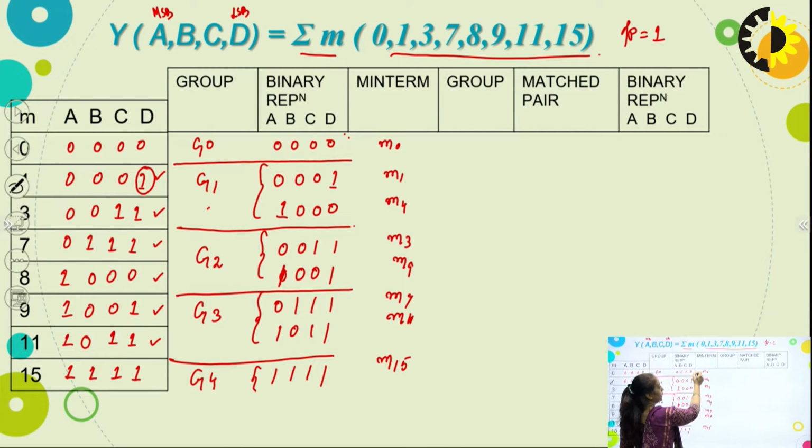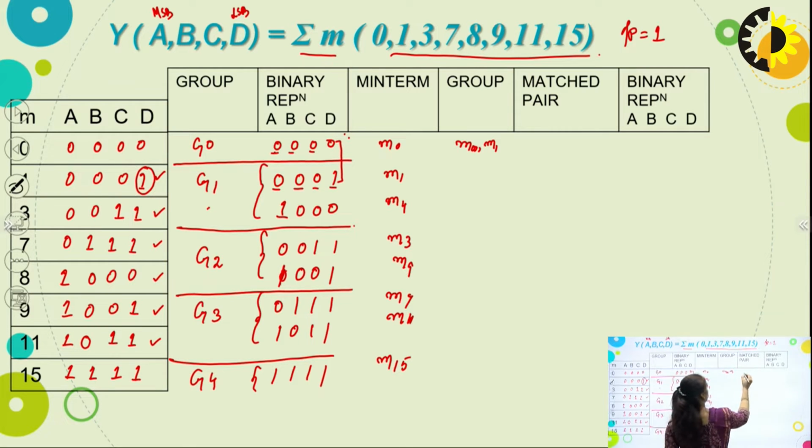So all these min terms present in group 0 will be compared with the min terms present in group 1. So when we compare this M0 with M1, if I check, these values are same and this value can be removed.